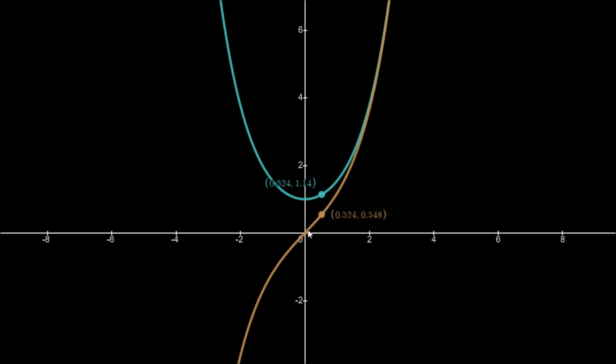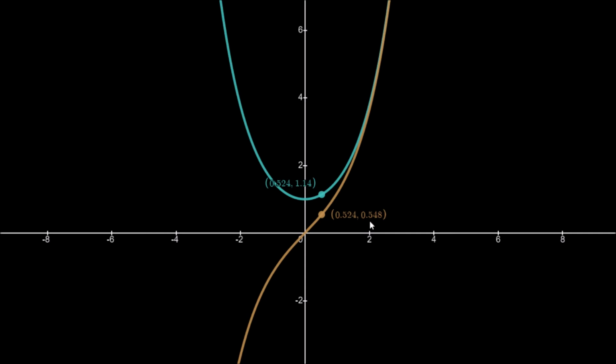So whenever we work out the cosh of our 30 degrees, we're going to get this value 1.14, and when we work out the sinh of our 30 degrees, we'll get this value 0.548. So these are the actual values that we are trying to get to.